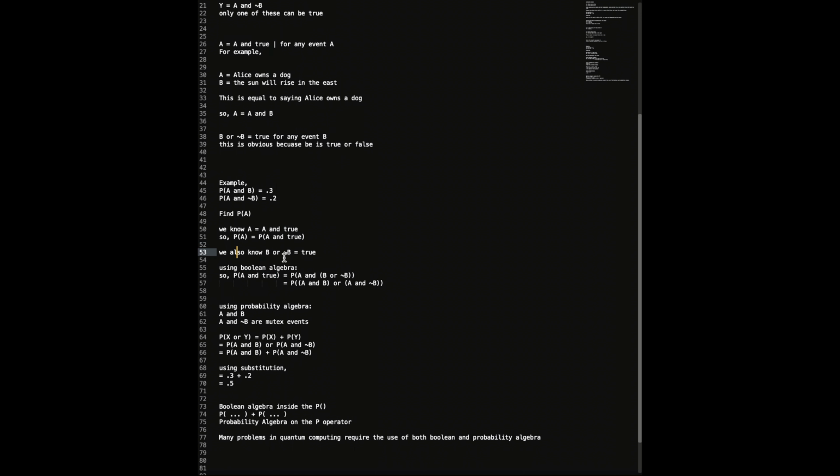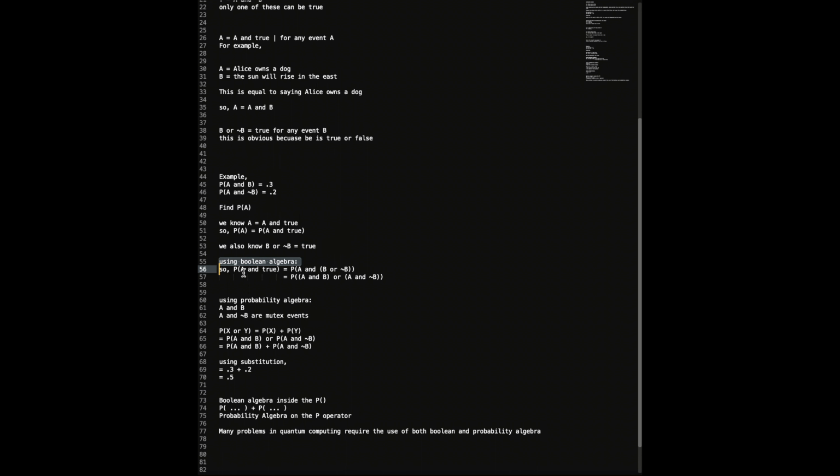And we also know B or not B is equal to true, so we could replace that true with B or not B. Let's use some Boolean algebra here. The probability of A and true equals the probability of A and (B or not B). So this is equal to the probability of A and B, or A and not B.